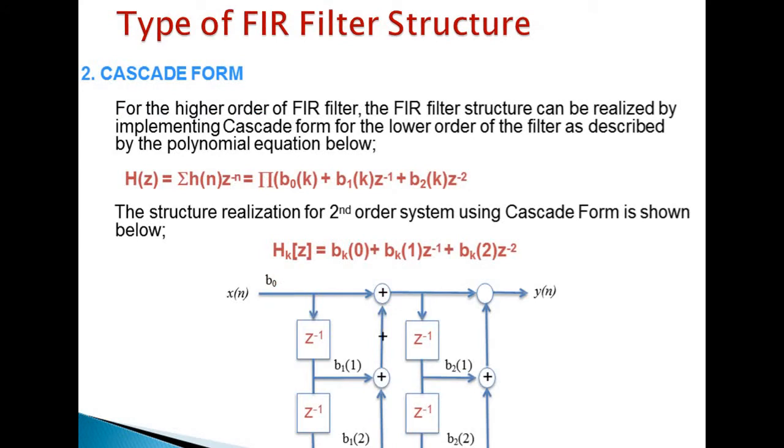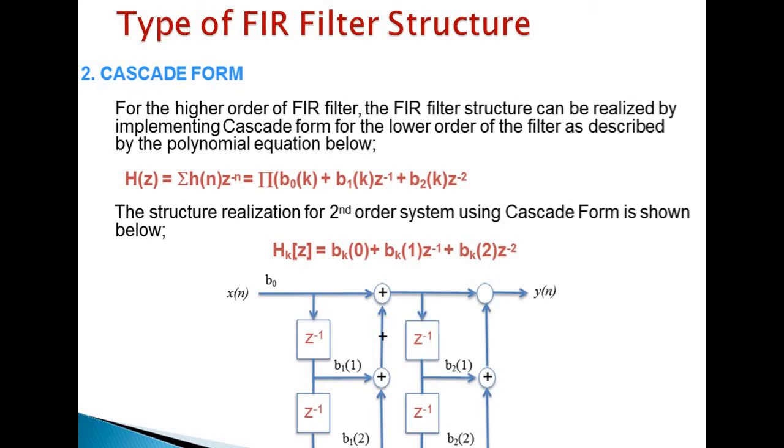Now the cascade form. In the cascade form, the transfer function is broken into different structures, and the output of the first is connected to the input of the second.